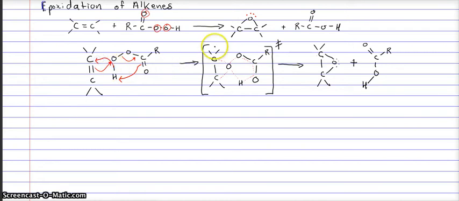We can look at our transition state. We have our carbon-carbon interaction from our alkene. We still have a single bond there. These will be R groups. Here's our oxygen, oxygen. The peroxide bond is broken. We form a double bond here.